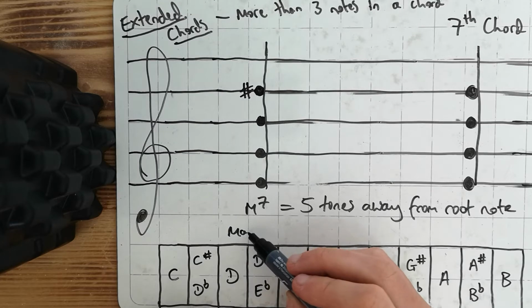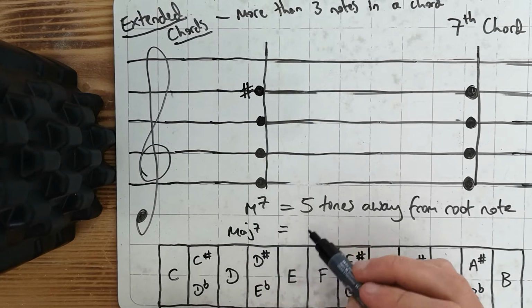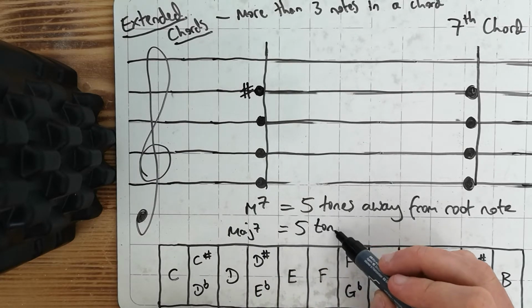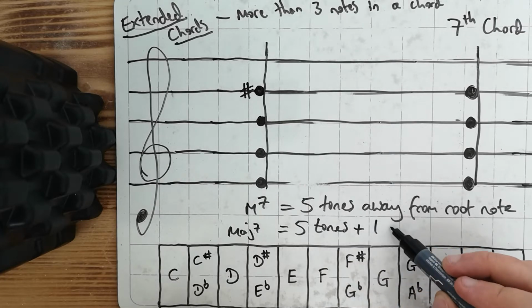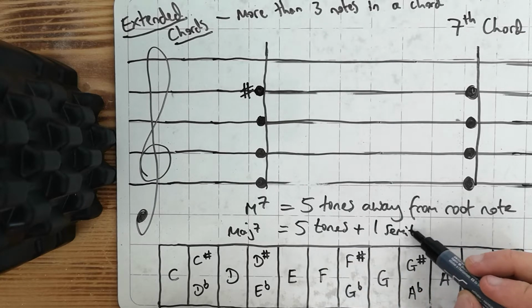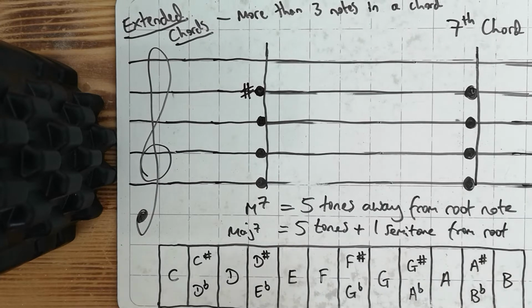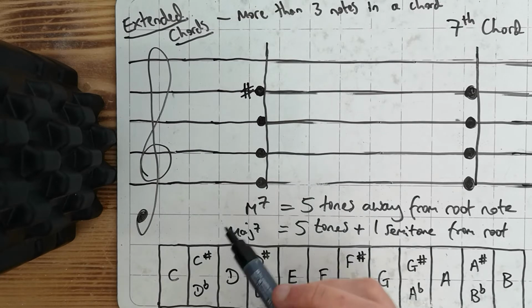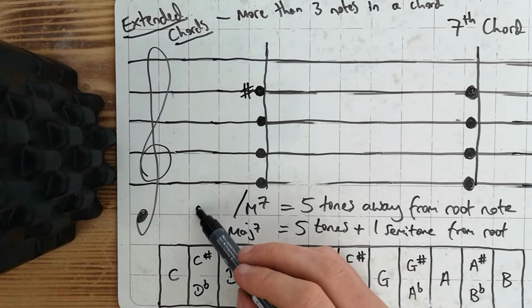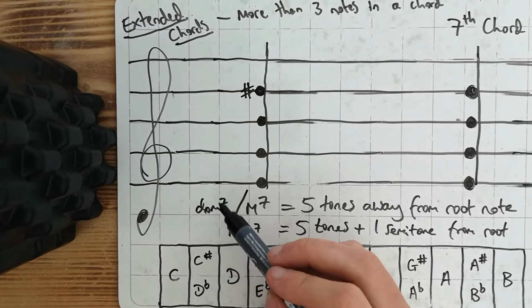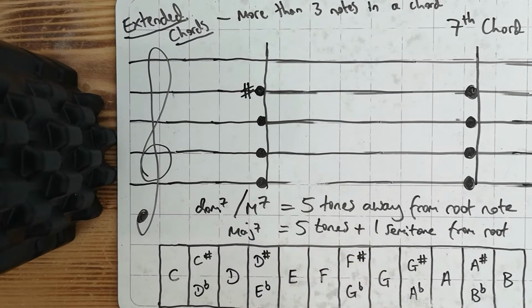A major 7th is 5 tones plus 1 semitone from the root note. That's the difference between minor 7ths or dominant 7ths and major 7ths. They can be called either one. Dominant 7th or minor 7th, it doesn't matter at the moment. That's the difference in the 2 types of 7th chords.